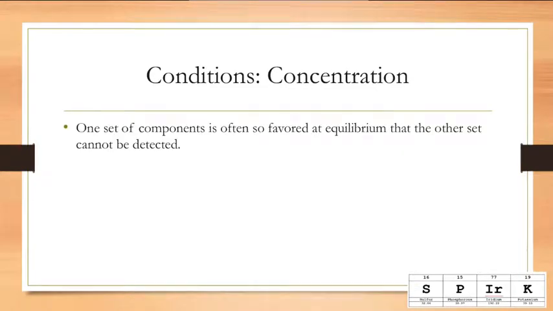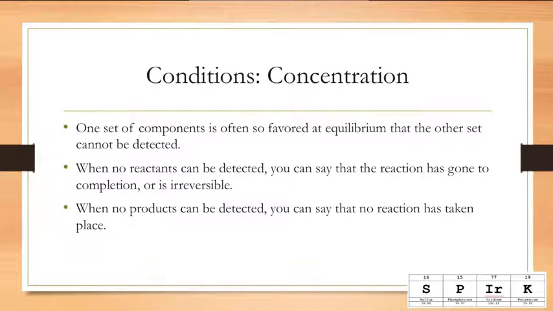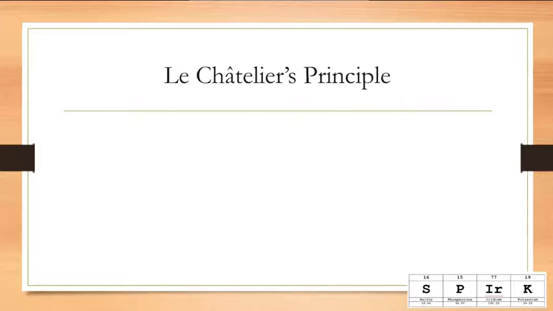One set of components is often so favored at equilibrium that the other set cannot be detected. When no reactants can be detected, you can say that the reaction has gone to completion, or is irreversible. When no products can be detected, you can say that no reaction has taken place.